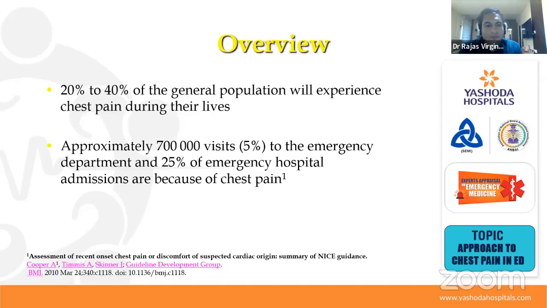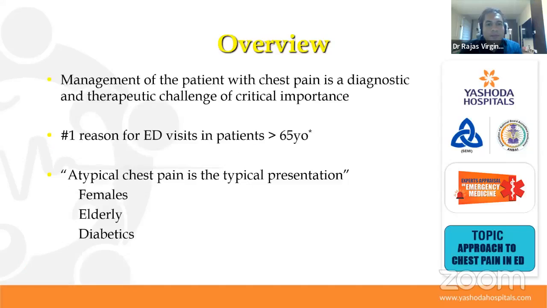So they will end up in the emergency department, and you will have to decide how you want to approach this patient. It is obviously going to be a diagnostic as well as a therapeutic challenge. And a few of the diagnoses can end up being very critical diagnoses. It is the number one reason for ED visits in patients more than 65 years old.